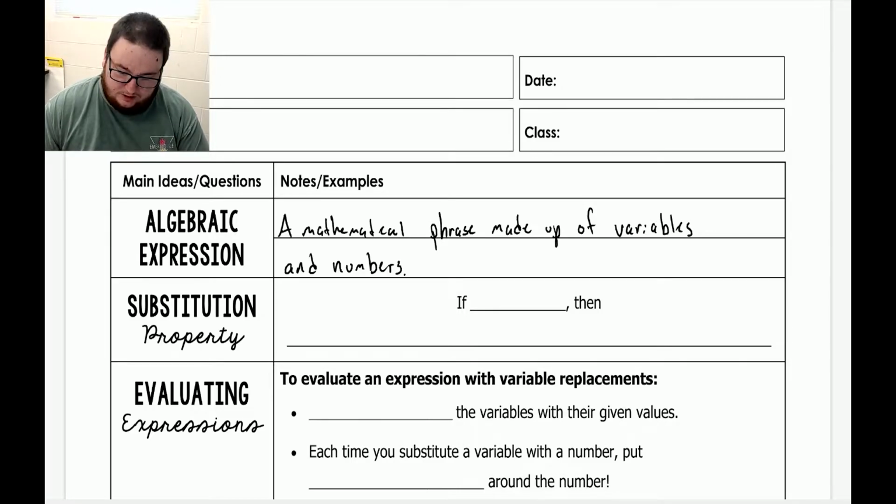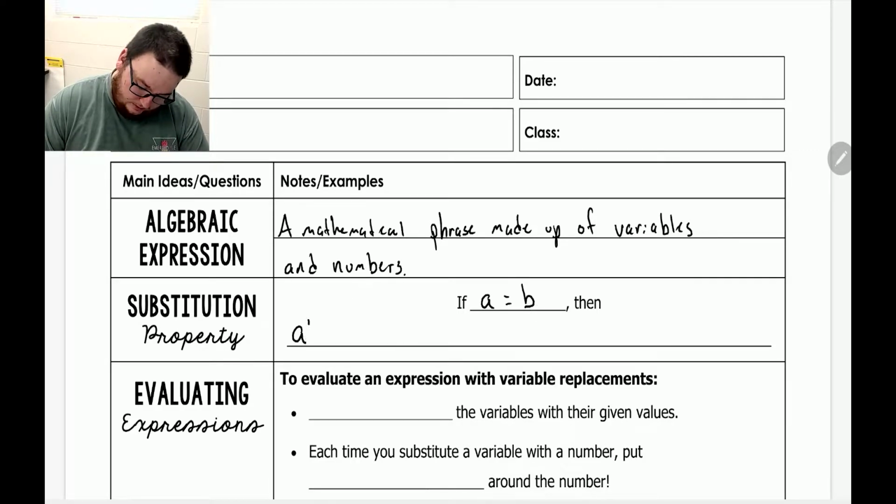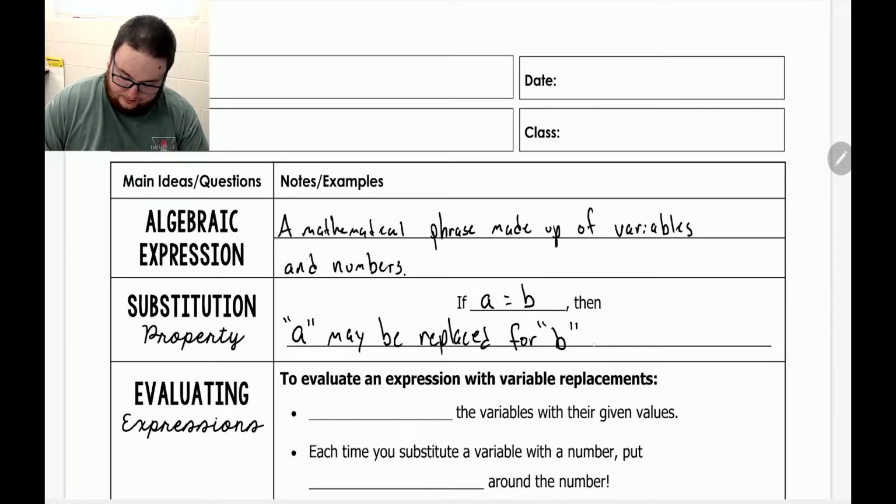So the substitution property says that if a is equal to b, then the variable a may be replaced for b, the variable b, in any expression.